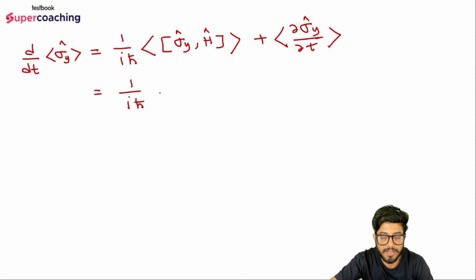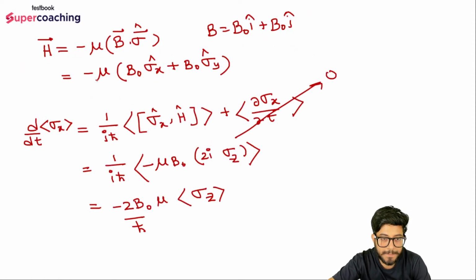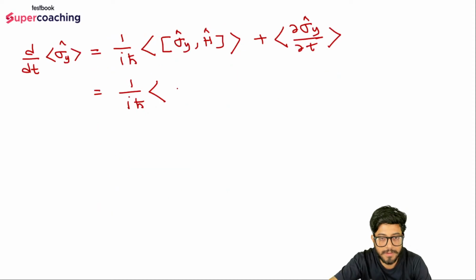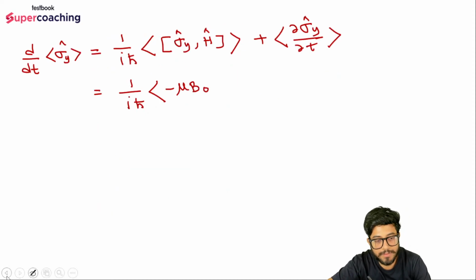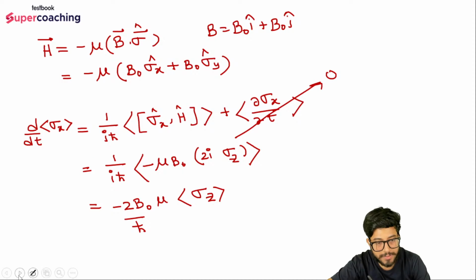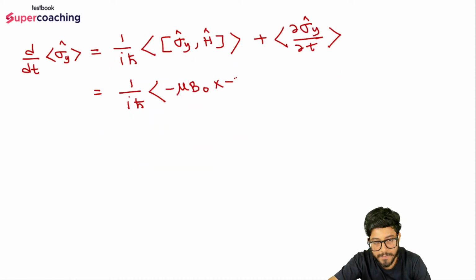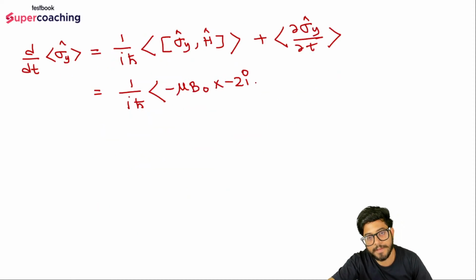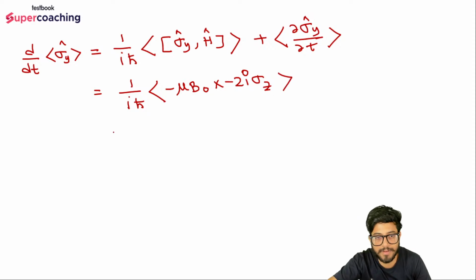Similarly over here, it will be minus mu B0, sigma y with sigma x is equal to minus 2i sigma z. Fine. Minus minus plus.